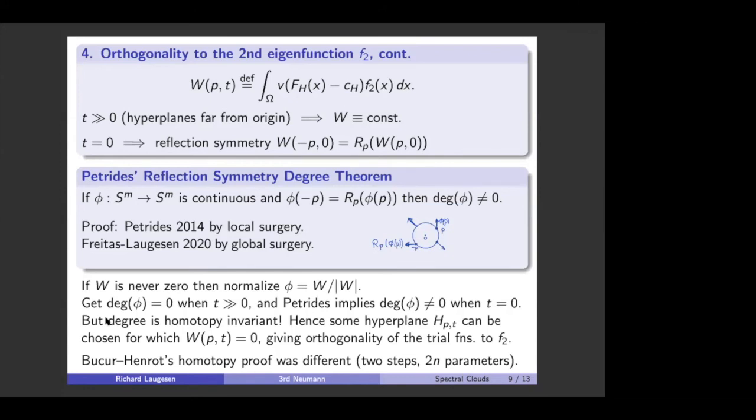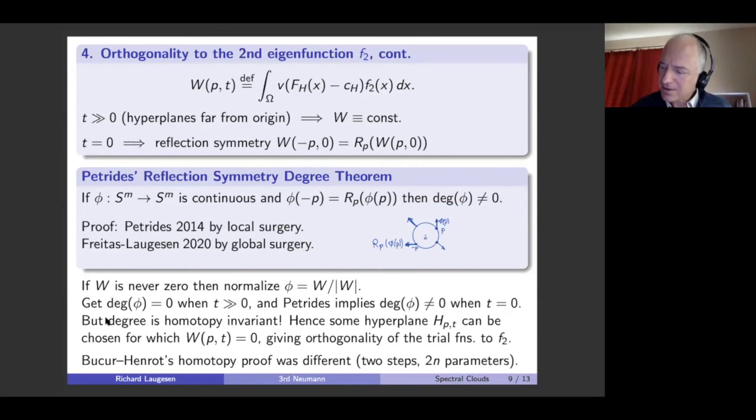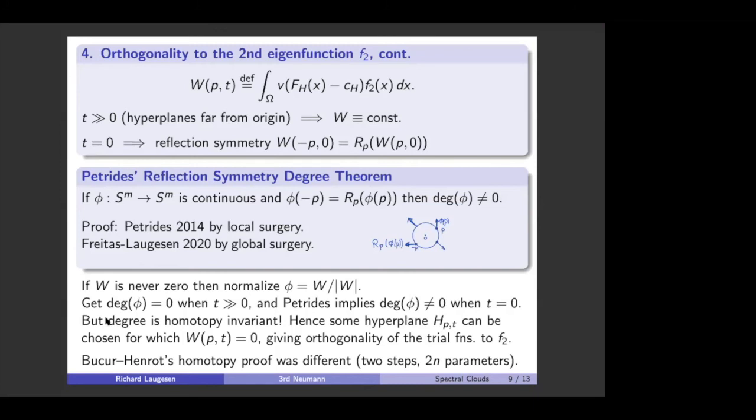And just a last remark, to give some perspective on this reflection symmetry degree theorem, is that if phi is a smooth map, in a sense a non-degenerate smooth map, then this is a particular case of the Lefschetz fixed point theorem. Oh, okay. It's an immediate consequence of the Lefschetz fixed point theorem.